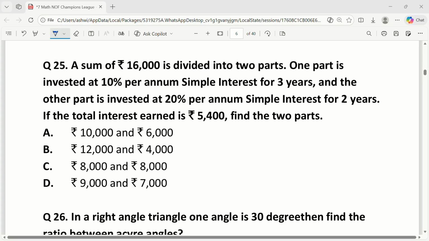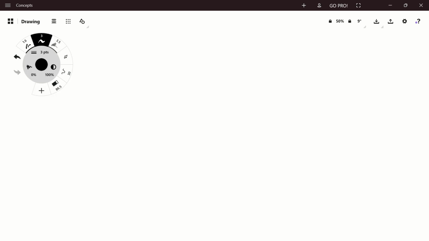Question 25. A sum of rupees 16,000 is divided into two parts. One part is invested at 10% per annum simple interest for 3 years, and the other part is invested at 20% per annum simple interest for 2 years. If the total interest earned is 5,400, find the two parts. Let the two parts be P1 and P2.